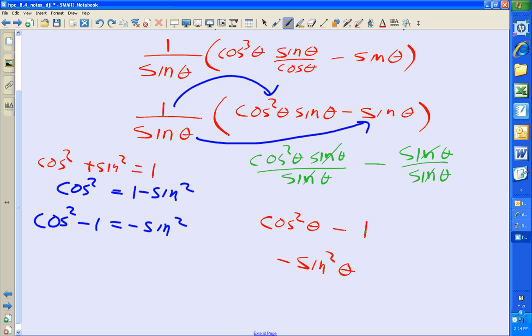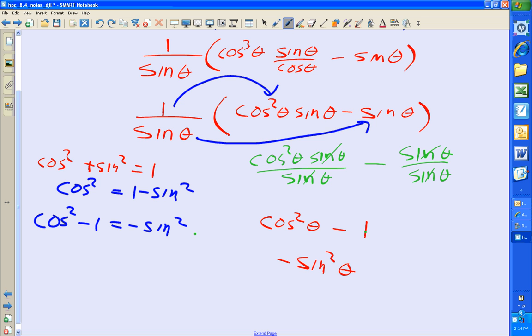Does that make sense? You have to kind of get a feeling, what the heck? I know cos squared and 1 is an identity. Get to this point on your own. Just look downstairs. You don't want to have to memorize every iteration of every identity.